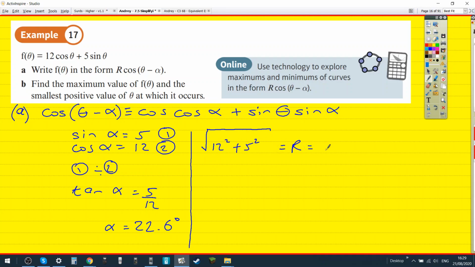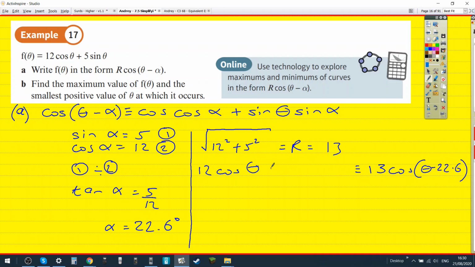And I got 13. Yep. So will the final thing be 13 cos theta minus 22.6? Cos theta minus 22.6. That's it.